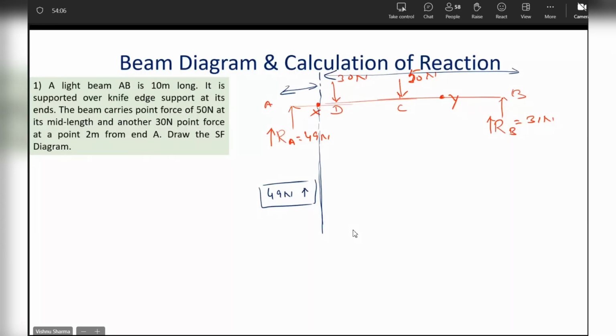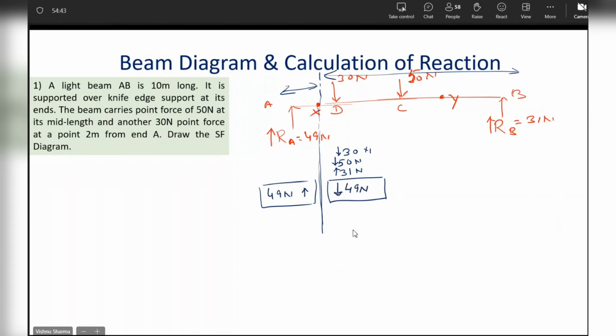You agree? Yes, sir. To the right of X, there are 3 forces acting. You have 30 newtons downwards, 50 newtons downwards, and 31 newtons upwards. Guys, what is the resultant of these 3 forces, with sign, up or down? 49. But up or down? Downward. 49 newtons downwards.